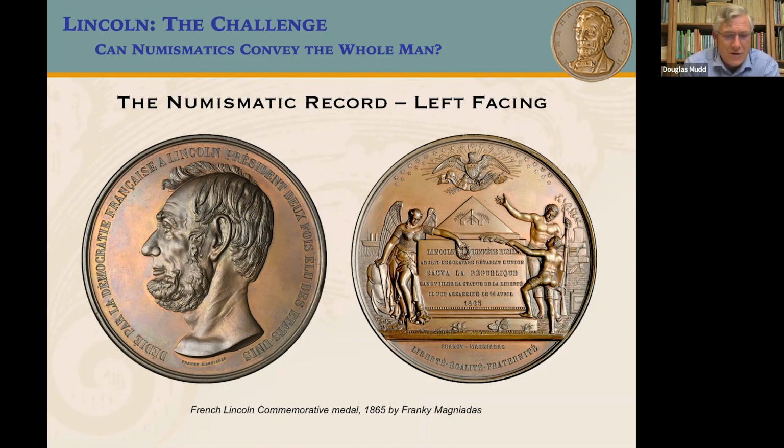The neck and the shoulders that are shown here are very muscular looking, which is very much different than the actual gaunt and basically very thin and gaunt reality of Lincoln.